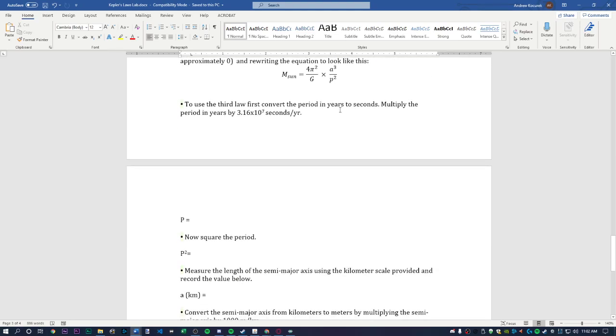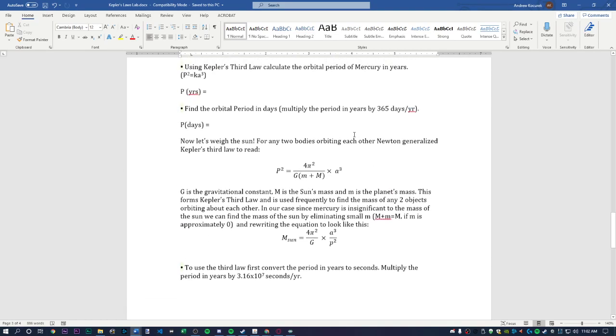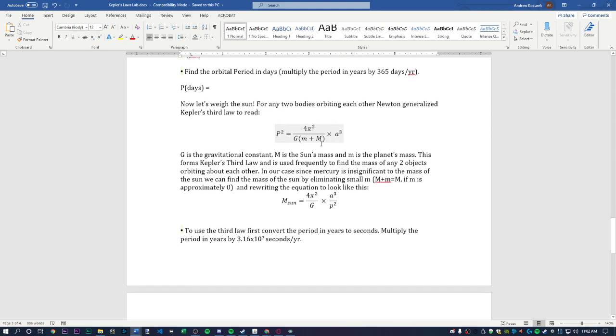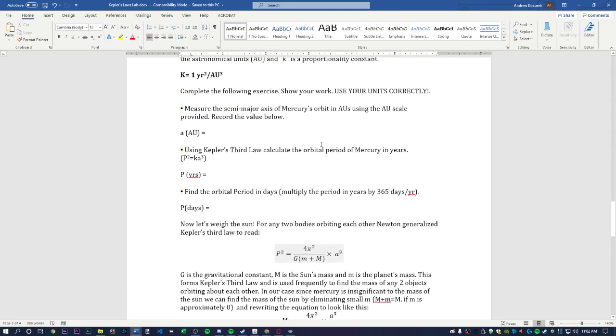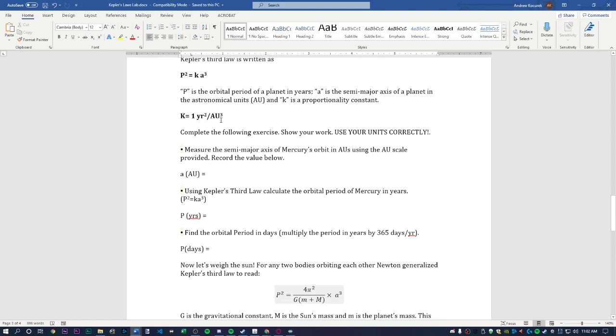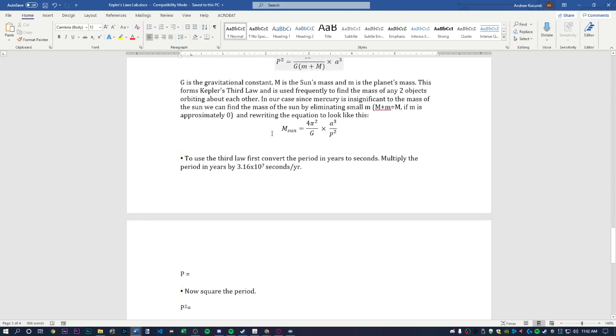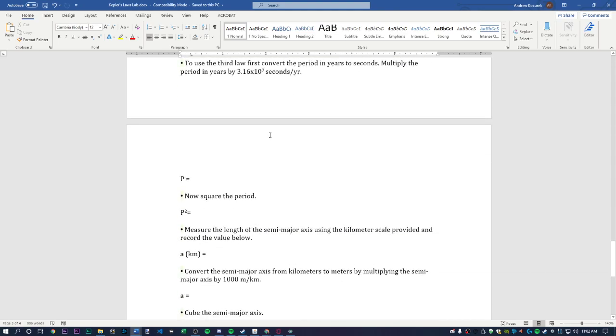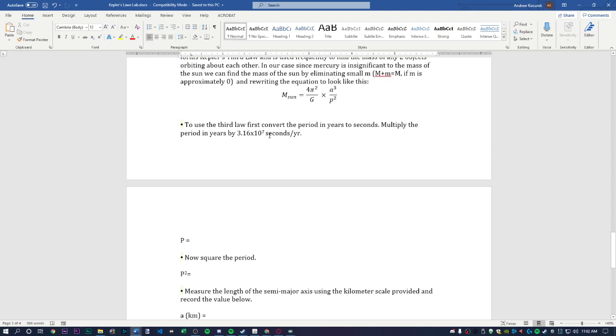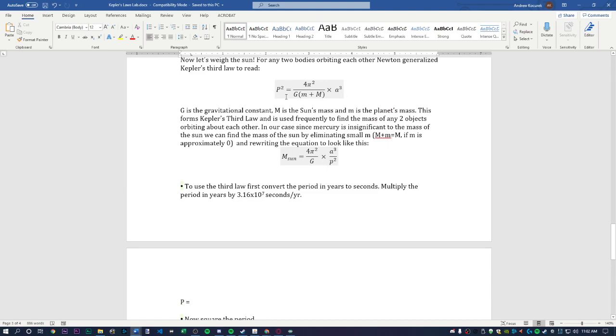So we found all this stuff. We're going to have to do kind of the same thing, but now we're going to actually have to use seconds and kilometers, right? Because we need our mass in kilograms.